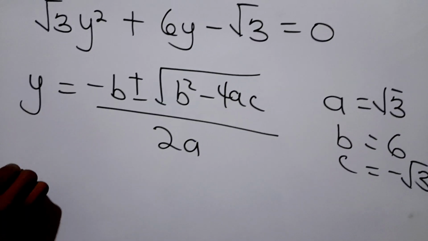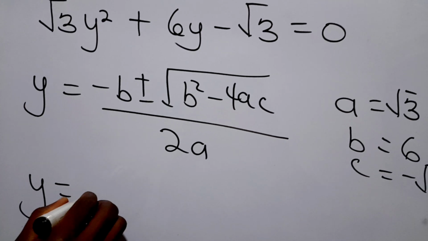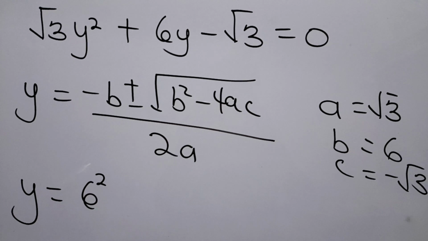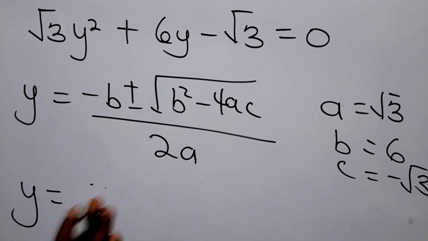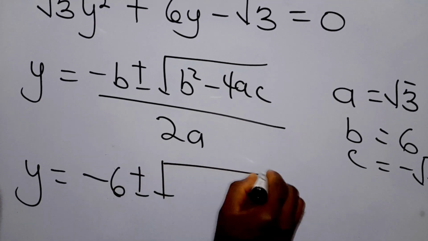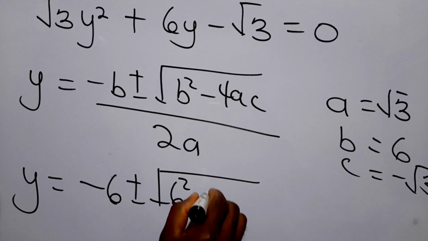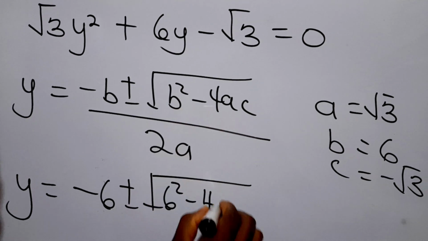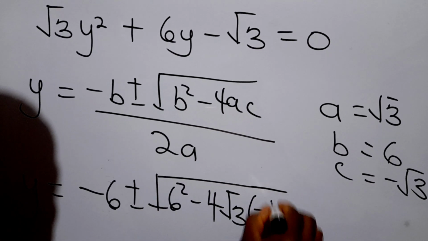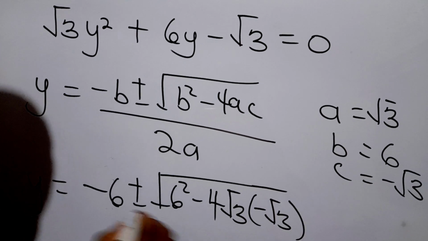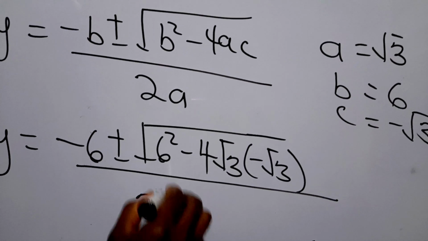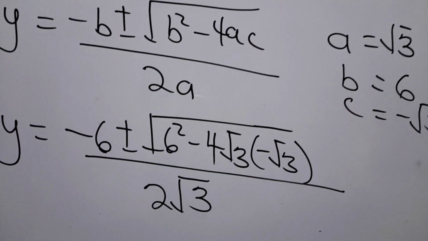So in substituting, we get y to be equal to negative 6, plus or minus the square root of 6 squared minus 4 times root 3, then our c is negative root 3, divided by 2 root 3.